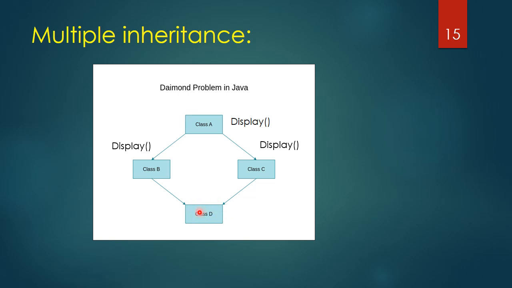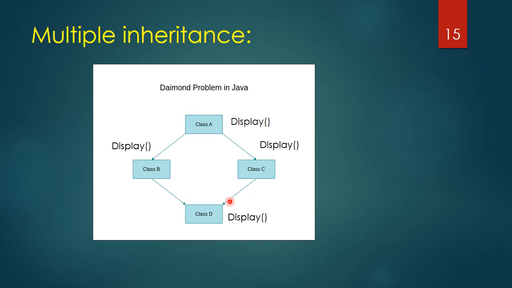Means when one class gets properties from more than one class, we call it multiple inheritance.